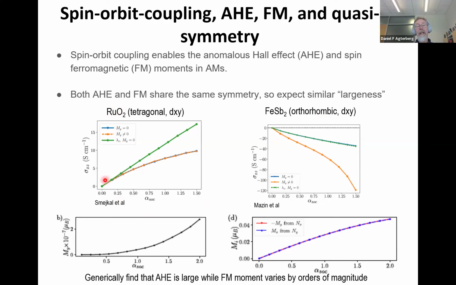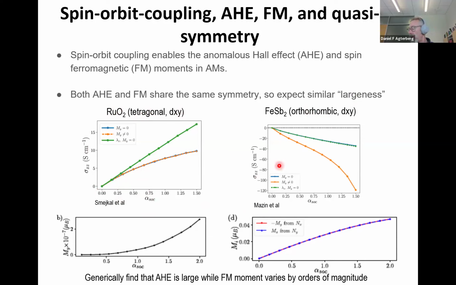But in particular, these are both altermagnets that have this dxy-like symmetry. This material is tetragonal and this material is orthorhombic. And if you look at the anomalous Hall effect, you find that it scales linearly in the spin orbit. So this is spin orbit, and you can see there's a linear slope here. This is anomalous Hall effect. And so we call this large in both these cases here.